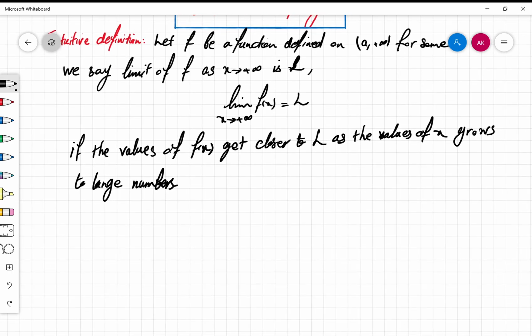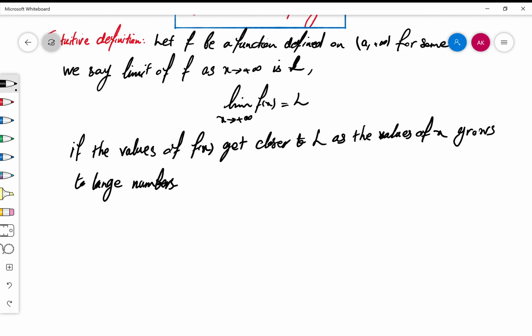In other words, you just find the values as the value of x grows and see if the values of f of x get closer to a number.